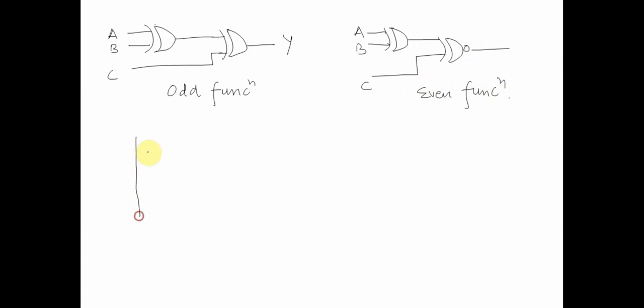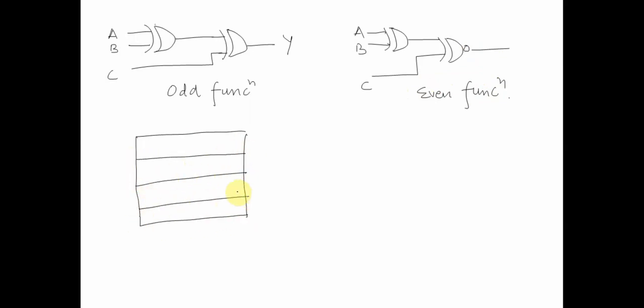If we draw it on the four variable map, right? Let's assume we have four input variables A, B, C, and D. How will the odd function look like? This will look something like this. Starting with here, so this is like three input, and then we will have something like this.